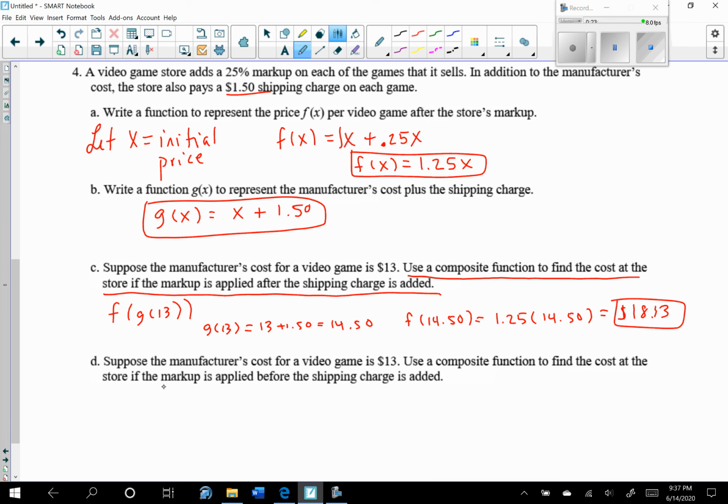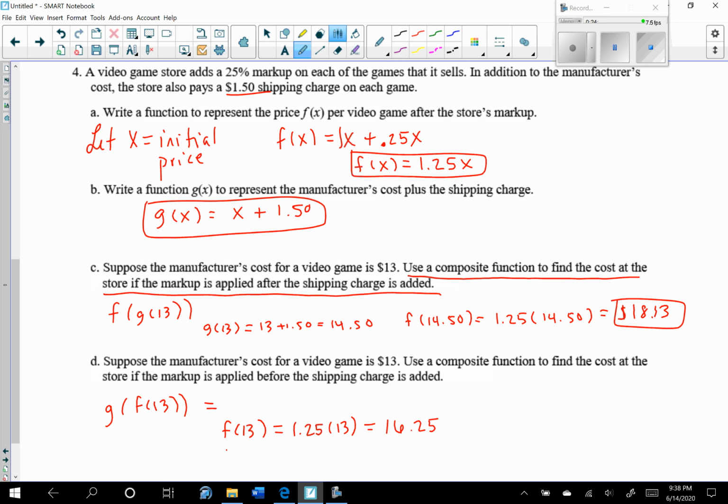D says, suppose the manufacturer's cost for a video game is $13. Use a composite function to find the cost at the store if the markup is applied before the shipping charge is added. So that would be now g of f of 13. So for this, we would be doing f of 13 first, which would give us $1.25 times 13, which is $16.25.